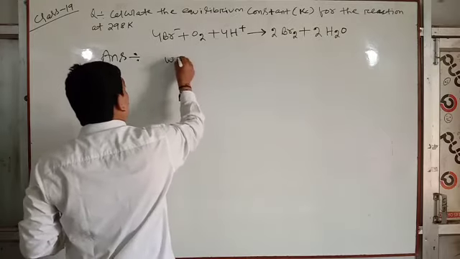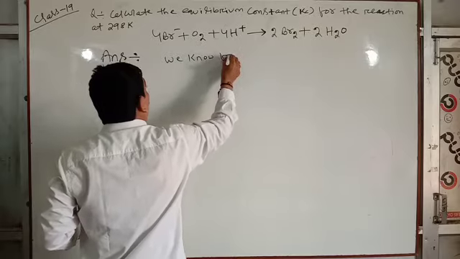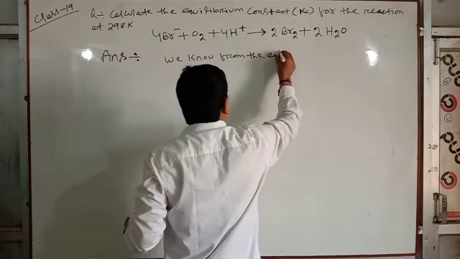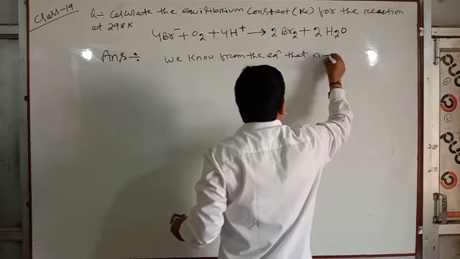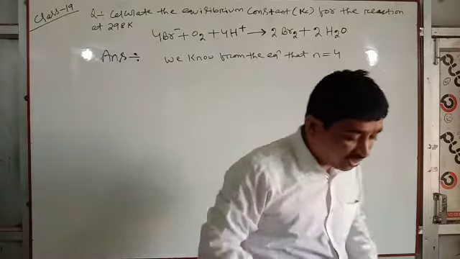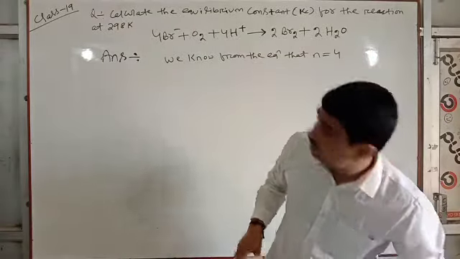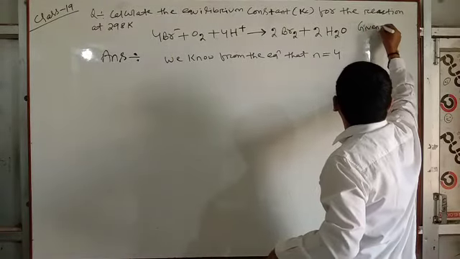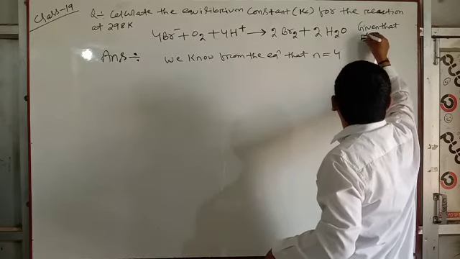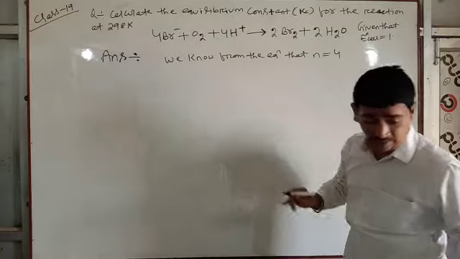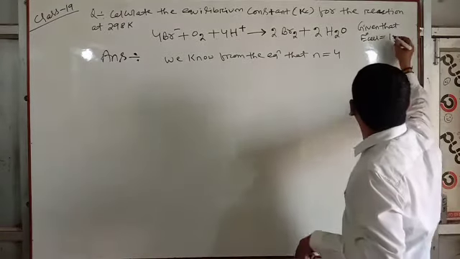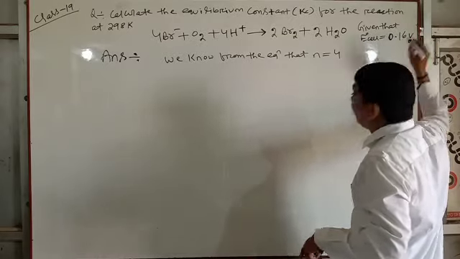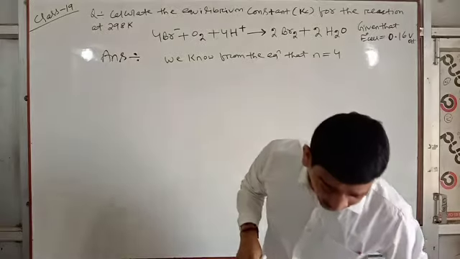We know from the equation that n equal to 4. Given that E naught cell is 0.16 volt.